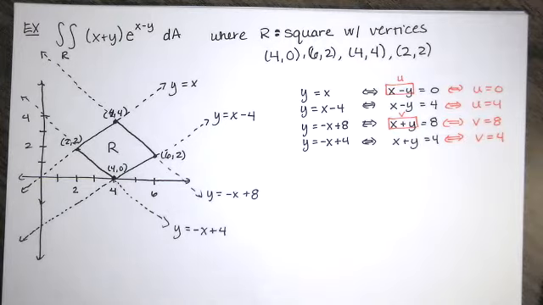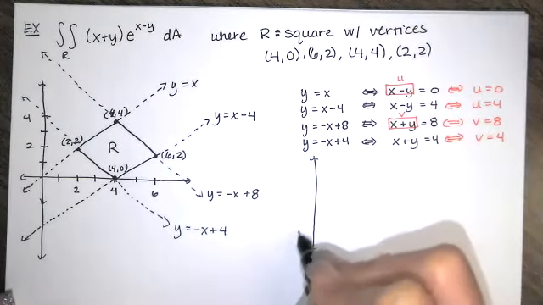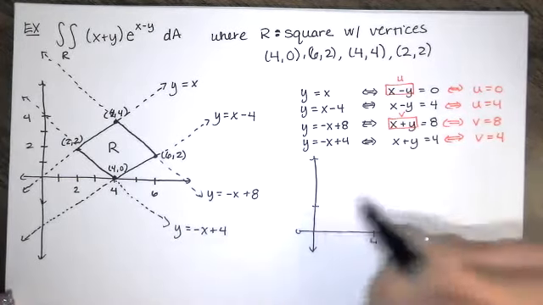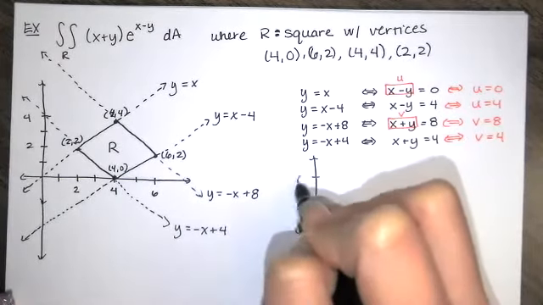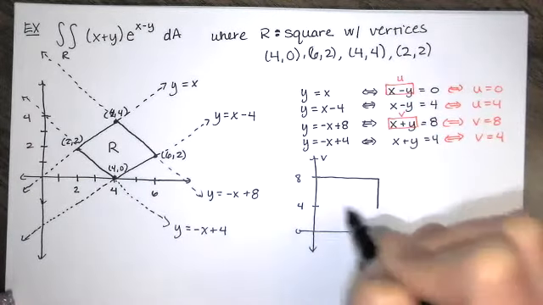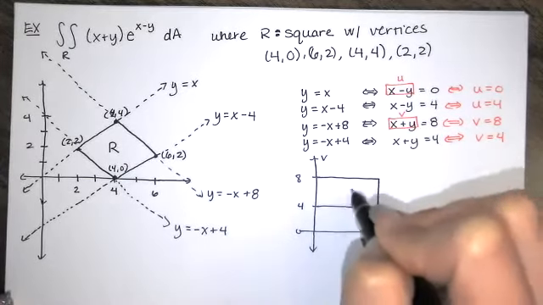Yes, you're right. We'll look at one that's not a parallelogram in just a bit. But u goes from 0 to 4, and v goes from 4 to 8. This is not to scale. But that's our region S in the UV plane.